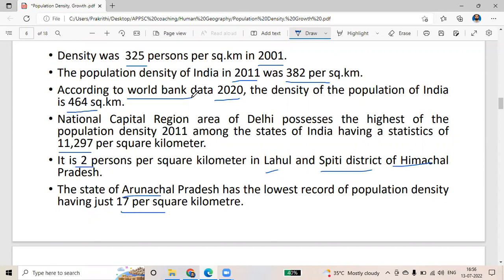So when somebody asks you, what is the population density of India? You want to say, as per 2011 data. We don't have the 2021 data. Because of Corona, it will come on 22 or 23 में ही आएगा. So we don't have the data right now. Okay.